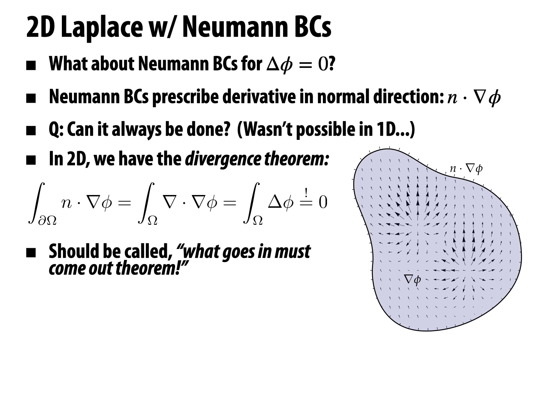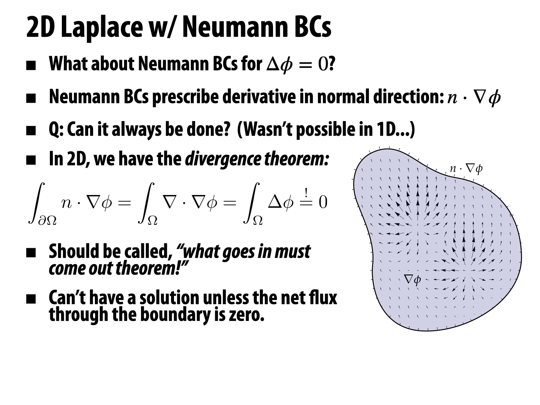There must be a total flux in and out of 0, because on the interior, the divergence is 0 everywhere. Okay? So our PDE can't have a solution unless the net flux through the boundary is 0, or if the integral of n dot grad phi is 0 over the boundary.